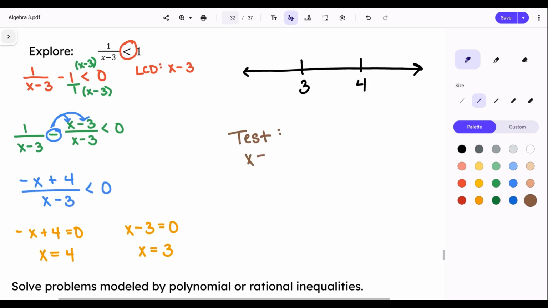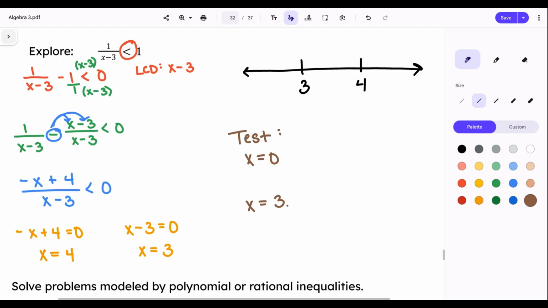I would test 0. What's a number we could do between 3 and 4? I mean, you could do like 3.5 or something if you wanted to. What you could also do, because 3 and 4 are not included, you could test maybe just 4 if you wanted to and see if it works.